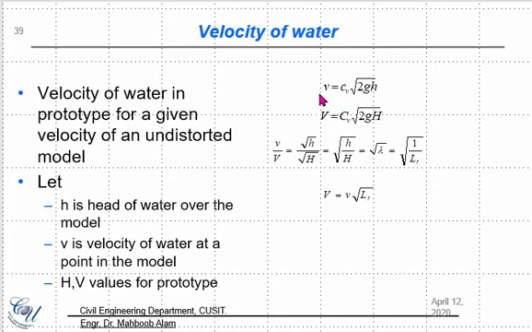For example, if I am looking at this formula, small v is equal to the coefficient of velocity times the square root of 2gh. So this is the velocity in the model, g, and small h, the head in the model. If capital V is equal to Cv root 2gH, then this velocity is the velocity of the prototype and H is the head in the prototype.